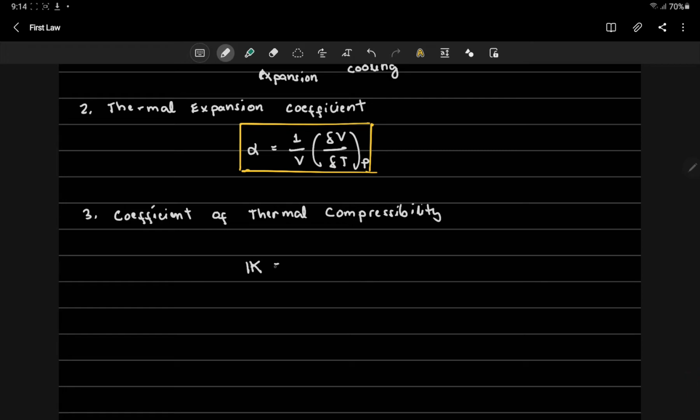And that will be equivalent to negative 1 over volume times the change in volume with respect to pressure at constant temperature. So parang kabaliktaran lang siya ni thermal expansion coefficient, right? Si thermal expansion coefficient at constant pressure siya, ano yung change ni volume with respect to change in temperature. Ito naman, change ni volume with respect to pressure at constant temperature.